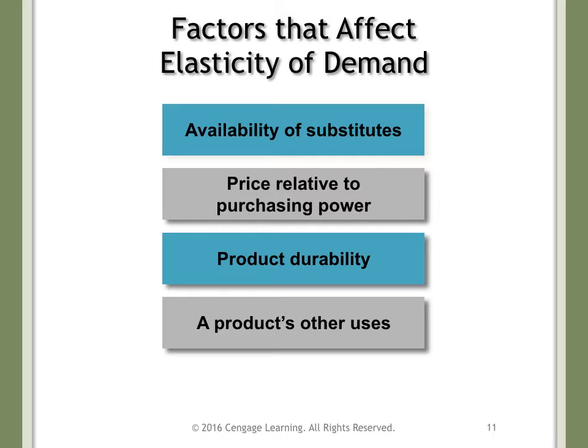So people are sensitive to the price increase and the demand is elastic. As far as a product's other uses, the greater the number of uses for a product, the more elastic demand tends to be. If a product has only one use, then the quantity purchased probably will not vary as price varies.